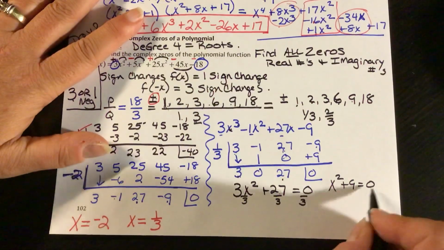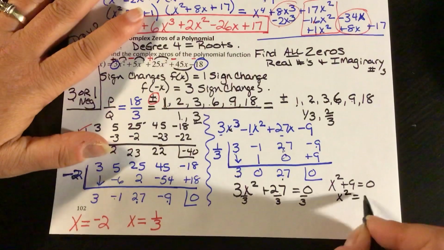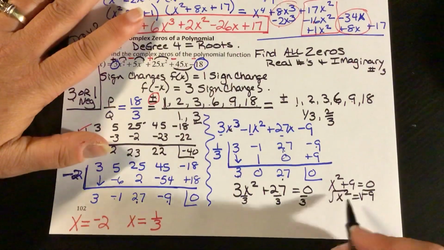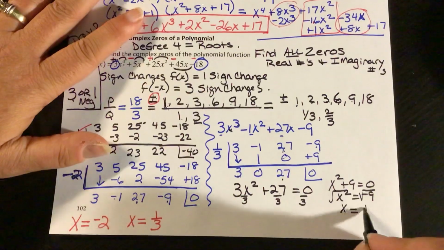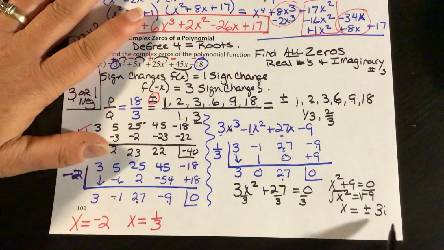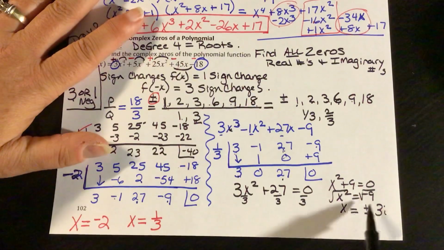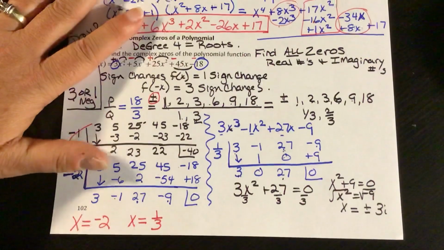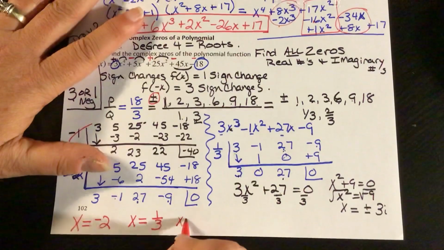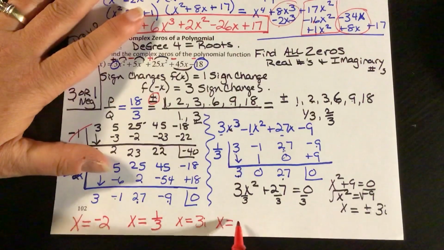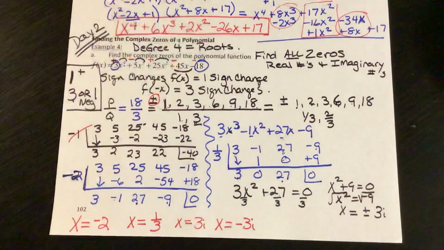And if I subtract 9, x squared is -9, square root both sides, and x equals plus and minus 3i. So these are also roots, and this is my conjugate pair. All right, so I have a root of x equals 3i and x equals -3i.